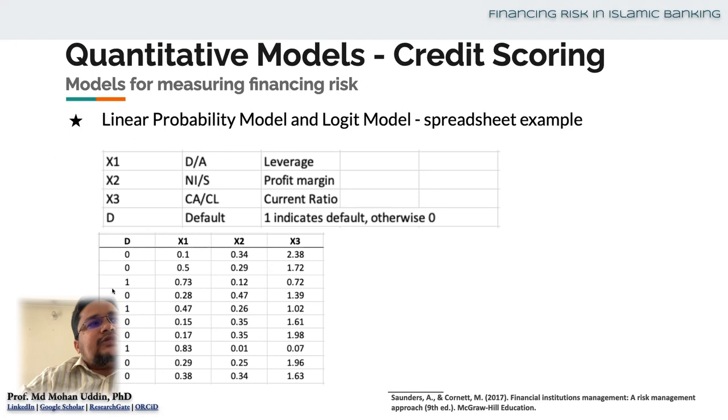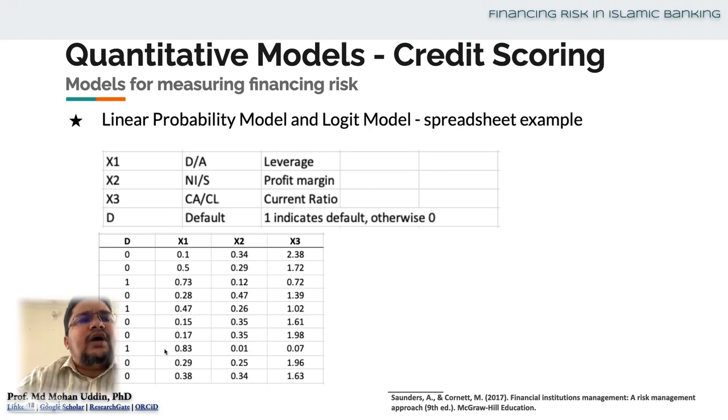Okay, we have got three customers who have defaulted, and their value of leverage, that means debt to total asset, is 73%. The value of profit margin is 0.12, that means 12%, and current ratio is 0.72. For the second customer, the leverage was 47%, profit margin was 26%, and current ratio was 1.02.